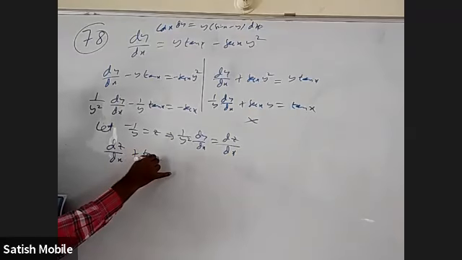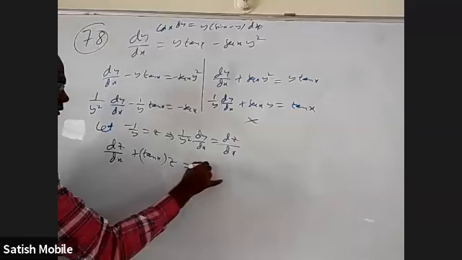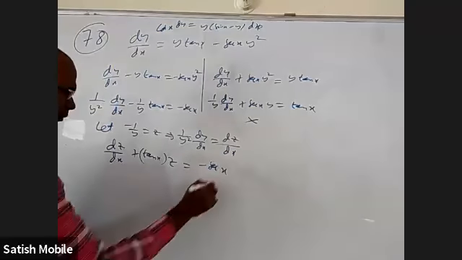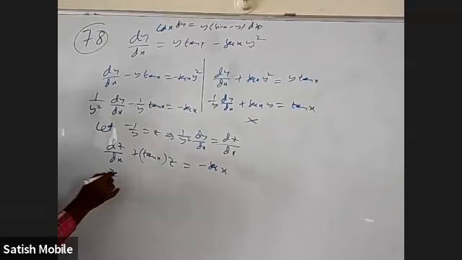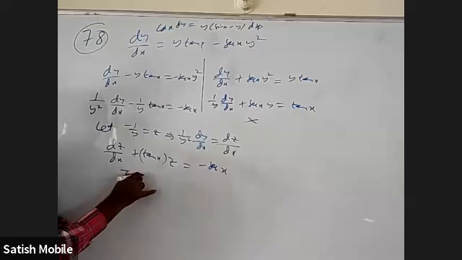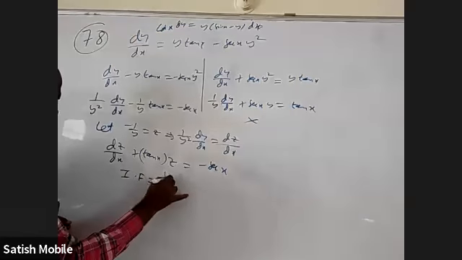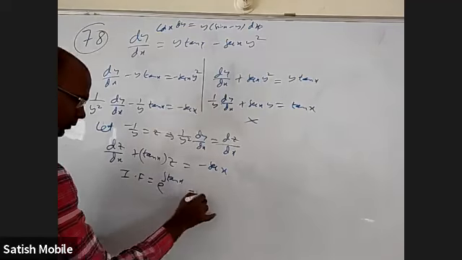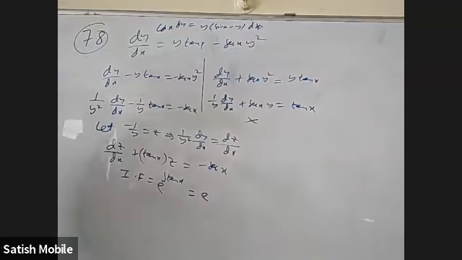So now coming to this, this is dz by dx, this is tan x into z, this is minus secant x. For the solution of z, the integrating factor we have to find is e power integral tan x. What is the integral of tan x? Log mod secant x.